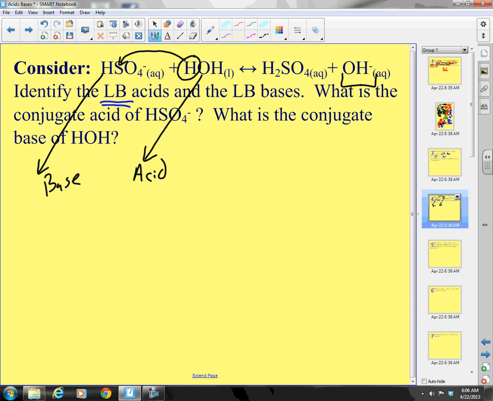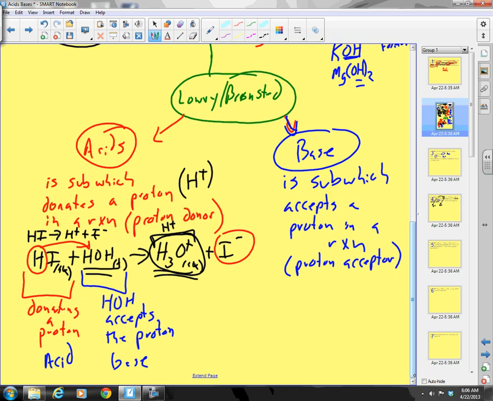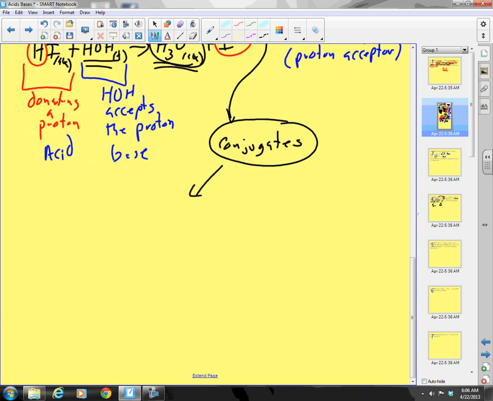What is the conjugate acid? Okay, we need to know more stuff here. Let's go back and add some more things to my Lowry Bronsted discussion. Let's talk about conjugates. There we go. I can spell sometimes. Conjugates. Now I can have a conjugate acid, and I can have a conjugate base.